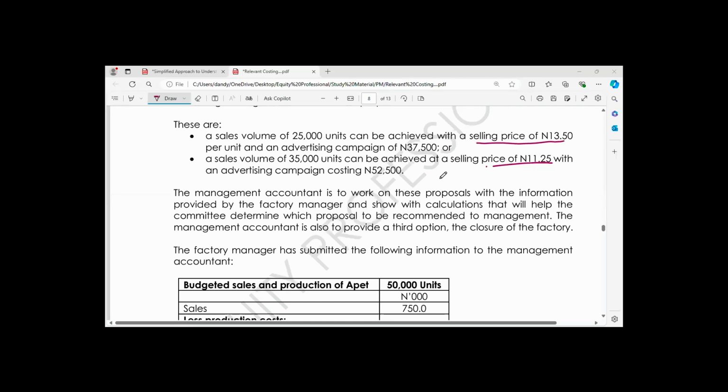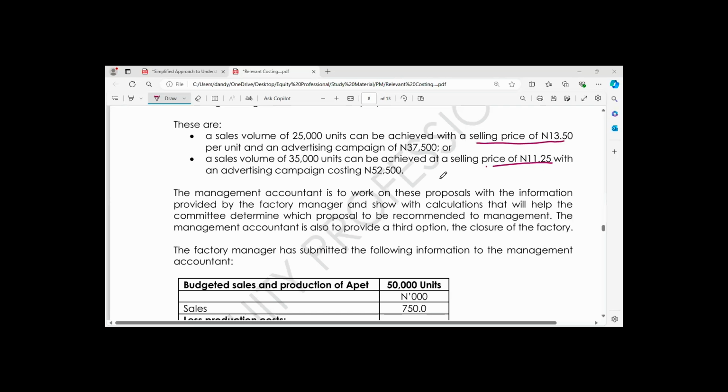So this is where you have a responsibility as a management accountant. You are the one endowed with the requisite skill and knowledge to provide that detailed calculation to the committee for the purpose of advising management.